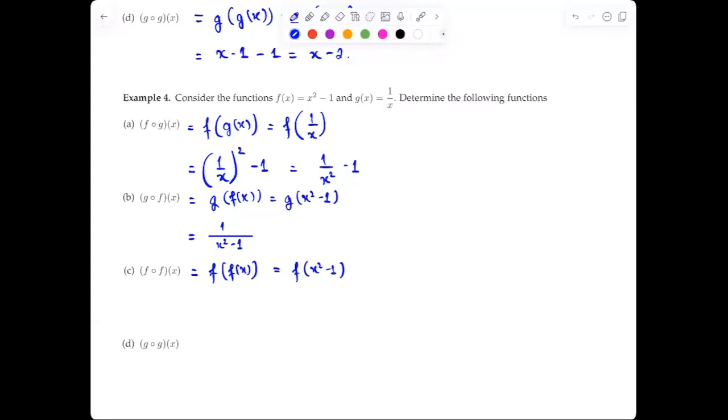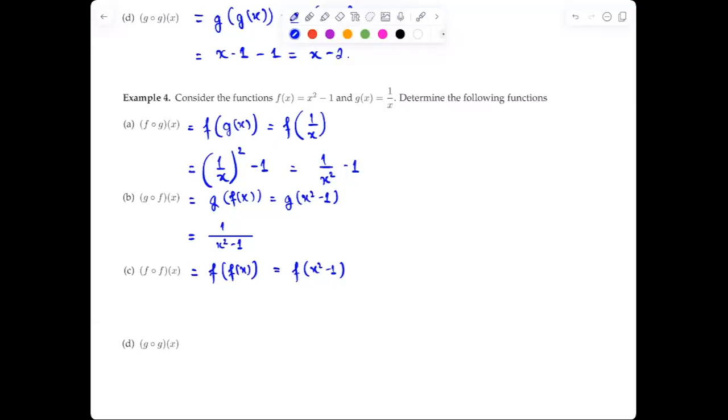Here you do x squared minus 1 times x squared minus 1. Then you expand it that way. Okay. So you distribute, your FOIL. And then you have x to the fourth minus x squared minus x squared plus 1, then minus 1. Therefore, you get x to the fourth minus 2x squared. So this plus 1 and minus 1 cancel out. Capisce?